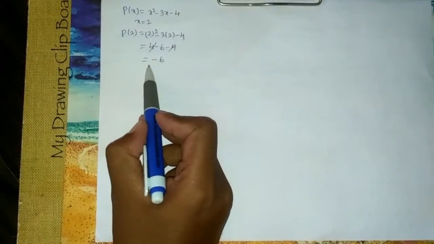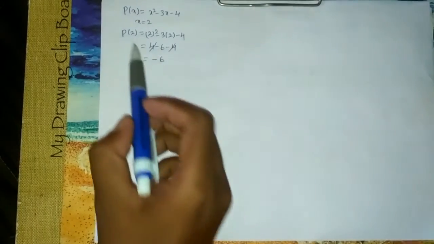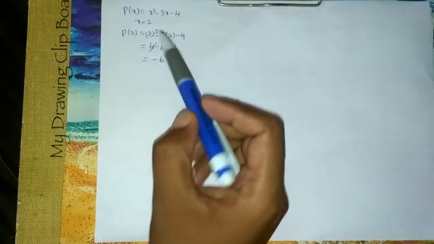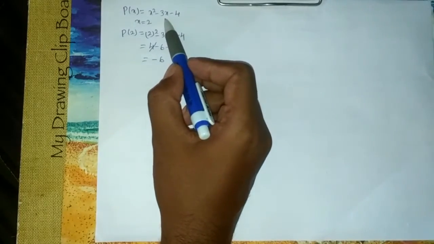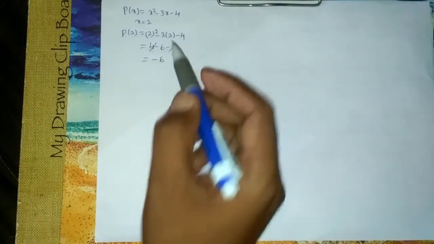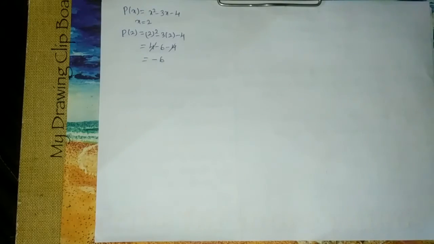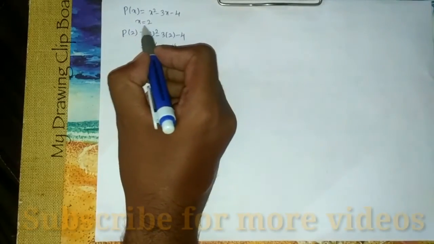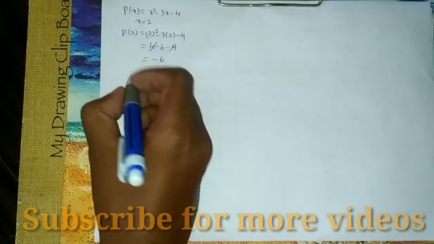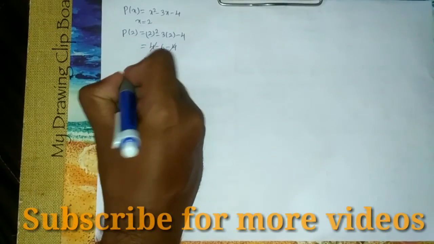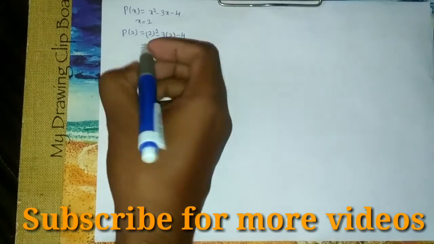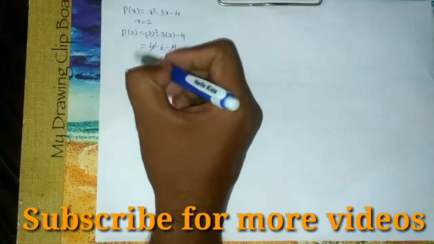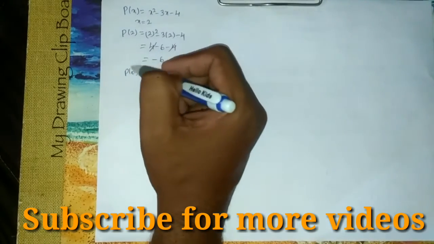This value minus 6 is obtained by replacing x by 2 in the expression x square minus 3x minus 4, which is the value of x square minus 3x minus 4 at x equals 2. Similarly, p of 0 equals, substitute or replace x as 0.